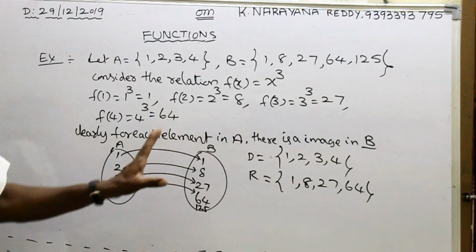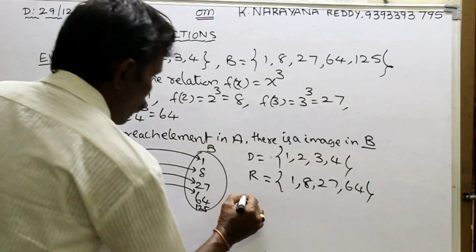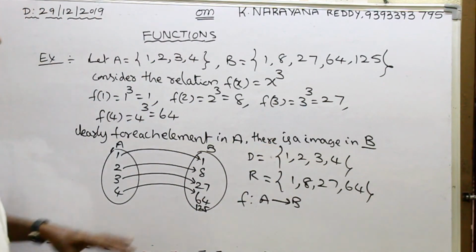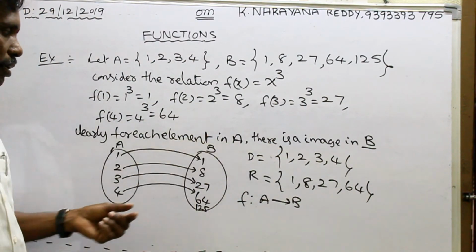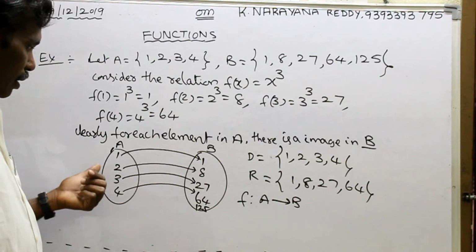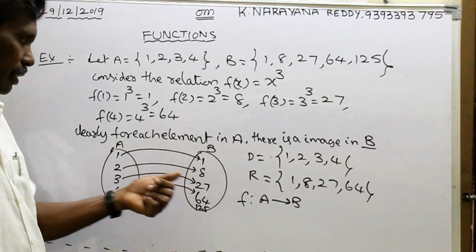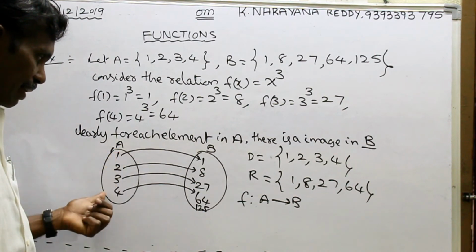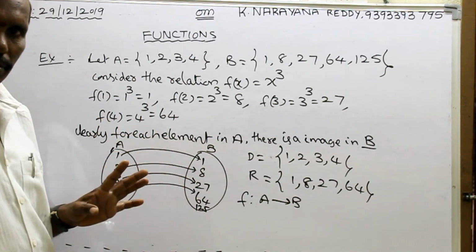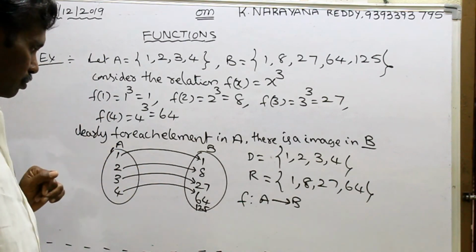This is a function from A to B. This is a very important point to observe here. Leave 125 aside. We will have object and image for each element in A. The first condition is two non-empty sets. Okay, first condition over.